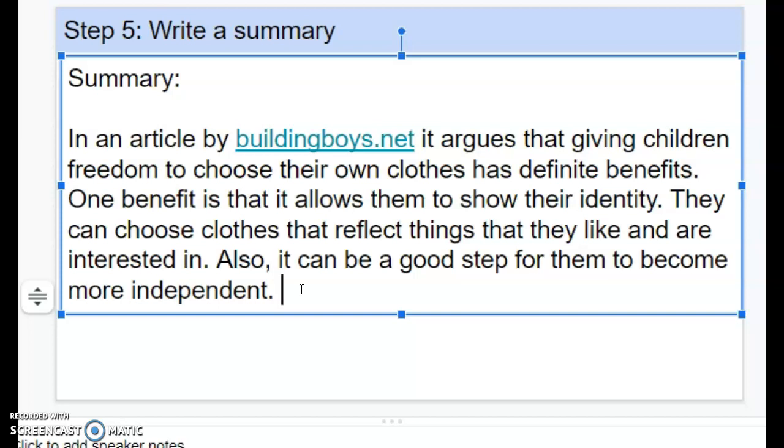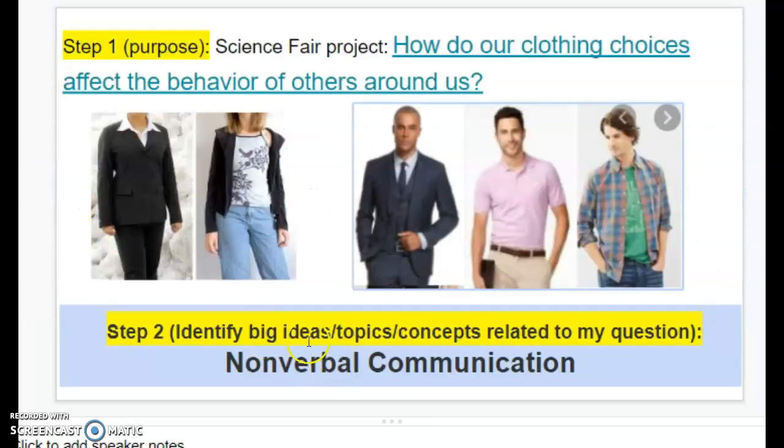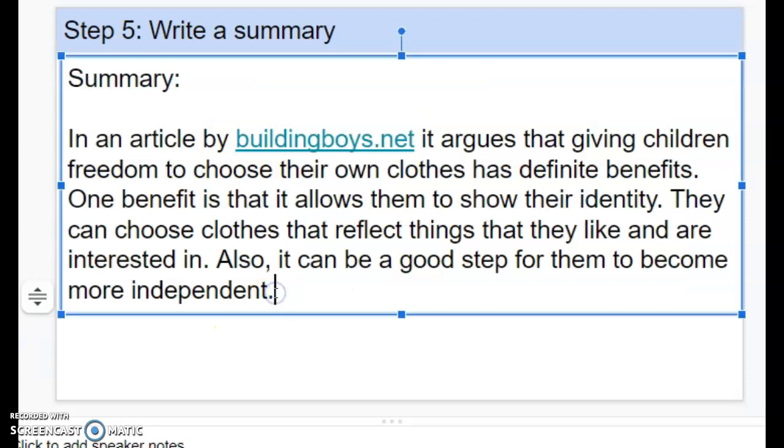And I think that's a big part that goes with my original topic anyway, nonverbal communication. So I might even add that. My topic is nonverbal communication.